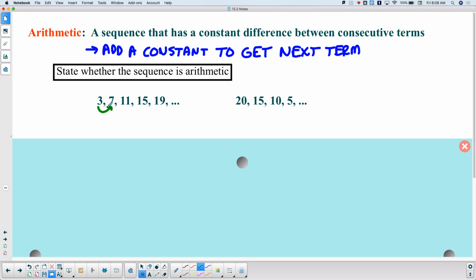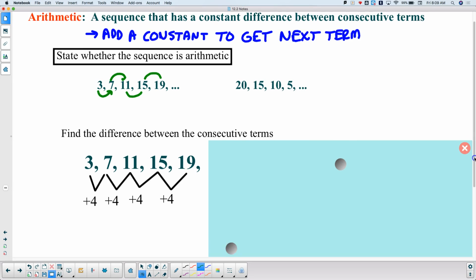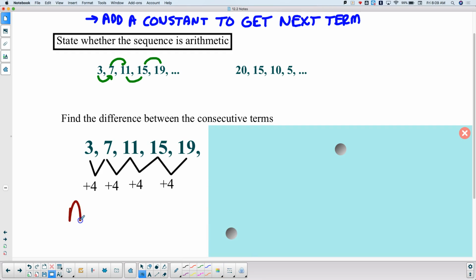So if it's arithmetic, then I would add 4 to get to the next one, and to the next one. And yes, that one is arithmetic. You find the difference between consecutive terms, and it's always being added by 4. So yes, that is arithmetic.